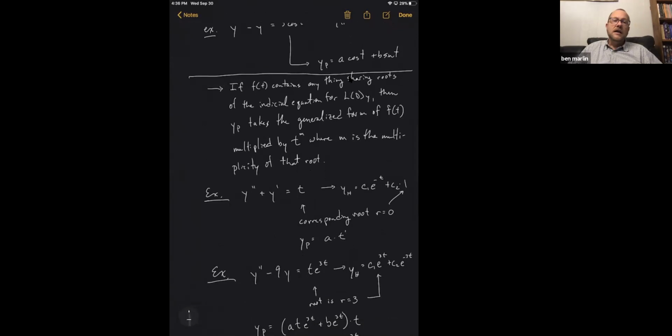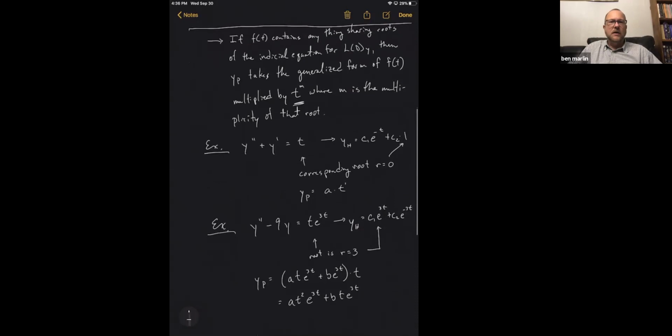Now, on the other hand, if your f of t contains anything that shares roots of the initial equation, then your y sub p is going to take the generalized form of the f of t like it did before, but then multiplied by t to the m, where m is the multiplicity of that root, okay? So taking a look at some examples will help us see what's going on. Here we've got y double prime plus y prime equal to t.